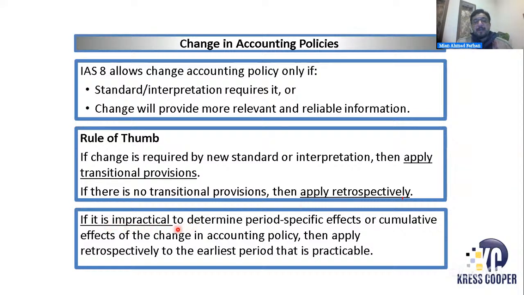So if it is impractical to determine period specific effects or cumulative effects of the change in accounting policy, then apply retrospectively to the earliest period that is practically possible.